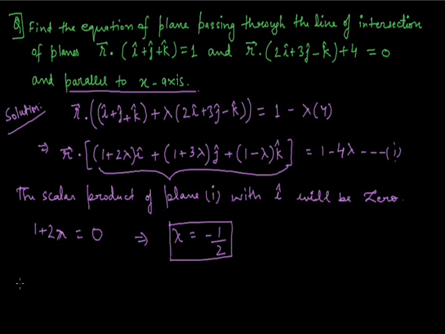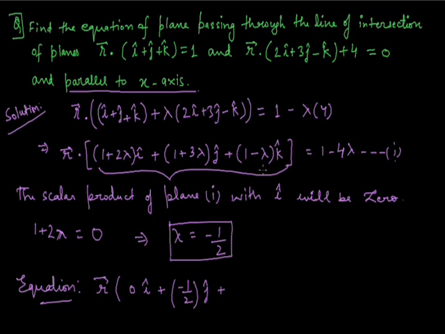So what is going to be the equation? Put the value of lambda in equation number 1. You will get r vector dot (0 i cap plus, if you put minus 1 by 2 over here, you will get 1 minus 3 by 2, which is minus 1 by 2 j cap.